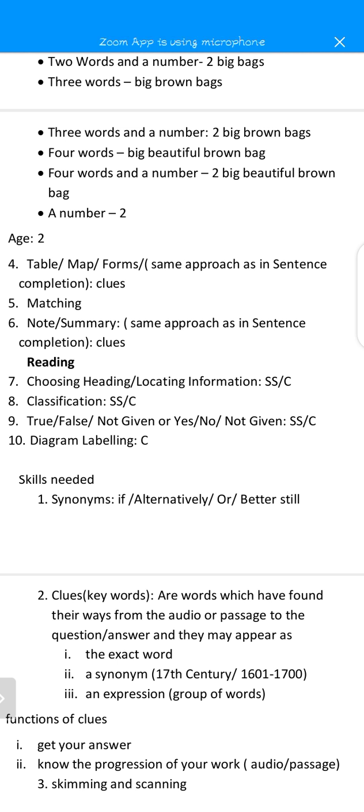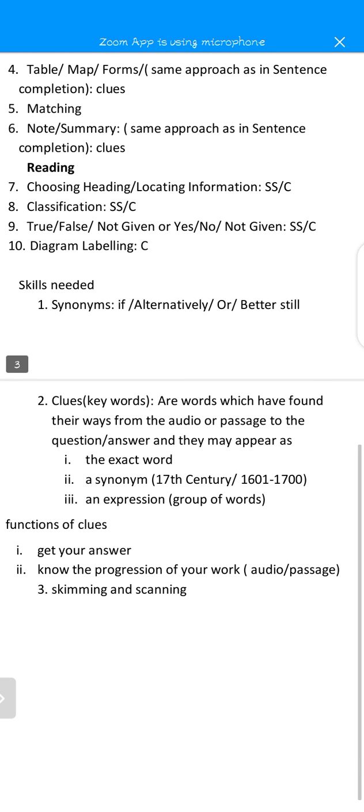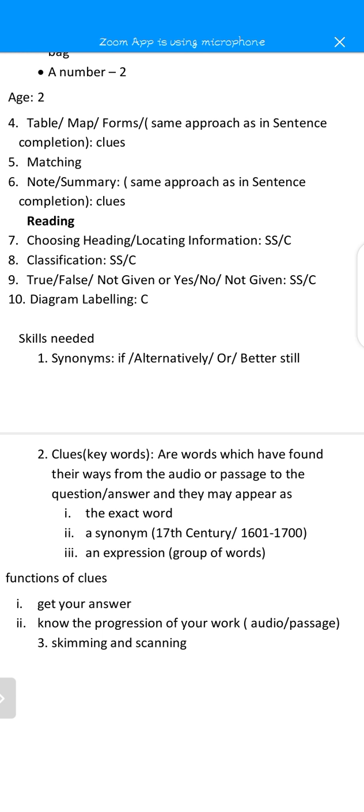So that is classification. So you have the ultimate almighty true false not given question, where they will ask you if something is true according to the passage, you use true. If it is false, if it contradicts what was mentioned in the passage, you write false.